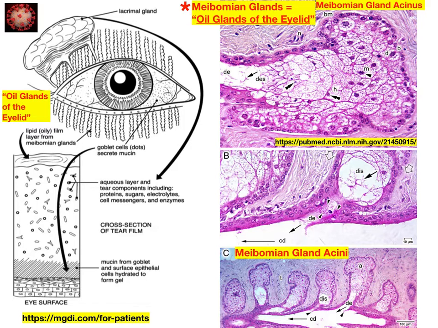The phrase oil glands of the eyelid is a good alternative to the scientific terminology meibomian glands. So throughout this presentation and future YouTubes, we will use these terms interchangeably. The purpose of this is to increase the receptive vocabulary of a wide audience.